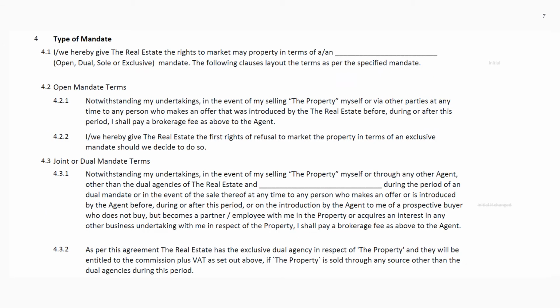To simplify the process of multiple contracts depending on the mandate selected, 4.1 allows the seller to select what type of mandate they would want. On selection of that specific mandate, open, dual, sole or exclusive, the clauses relating to that particular type of mandate would apply.